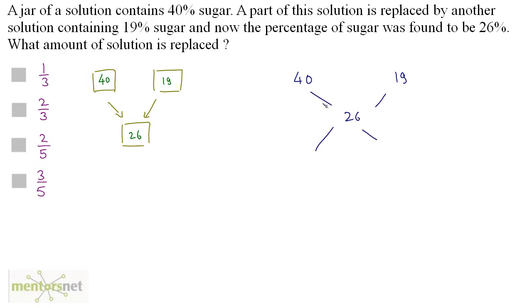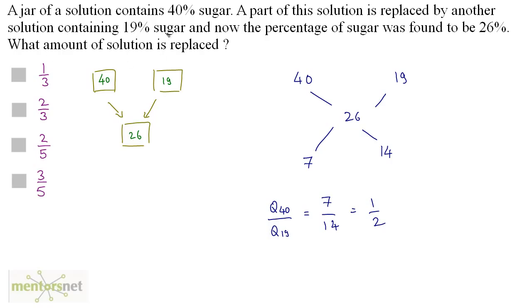So 40 minus 26 is equal to 14, and 26 minus 19 is equal to 7. So the quantity of the 40% sugar solution upon the quantity of the 19% sugar solution is equal to 7 by 14, and that's 1 by 2.